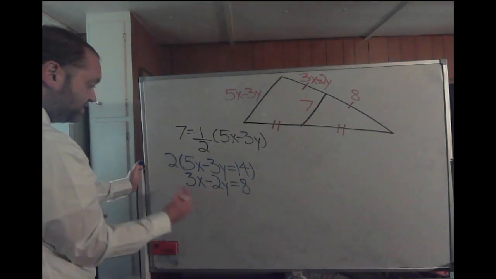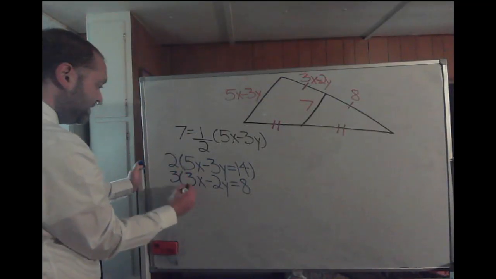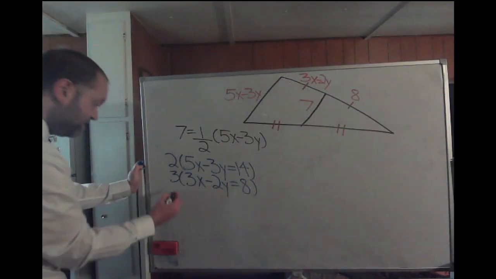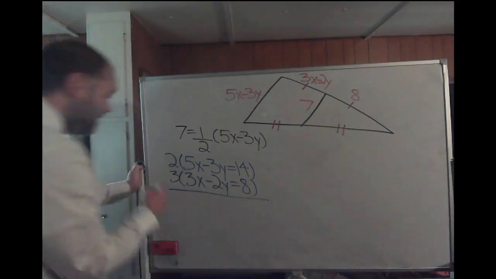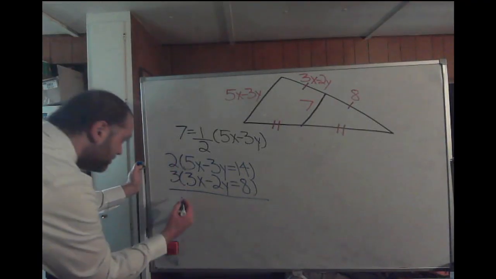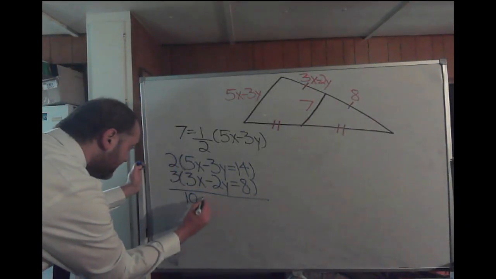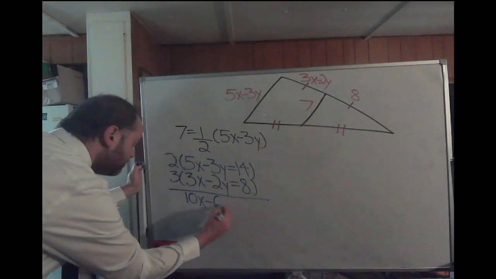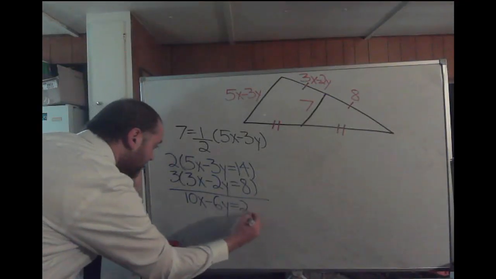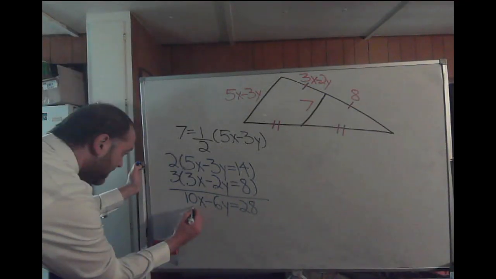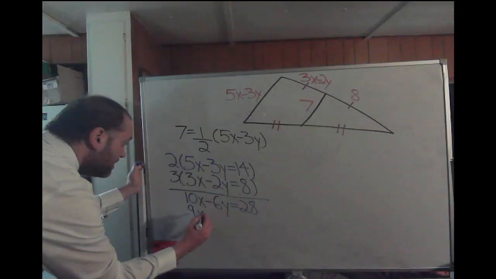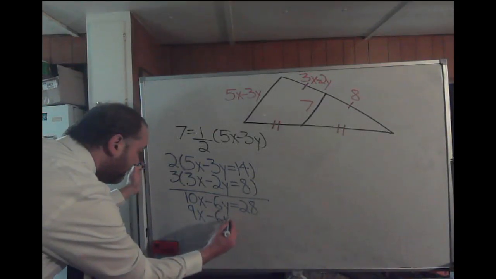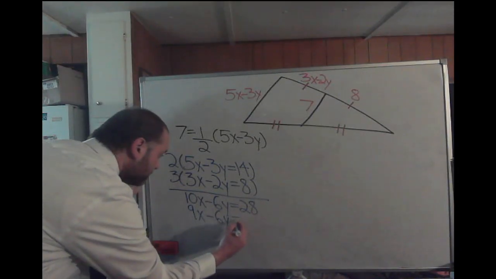Then multiply your second equation by 3 to get a 6y, so you can hopefully start canceling them out. If we do that, 2 times 5x, you get 10x minus 6y equals 28. And then you get 9x minus 6y equals 24.